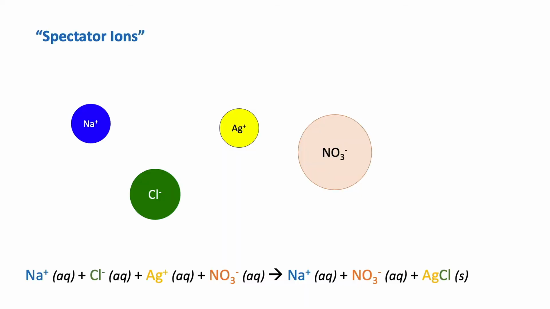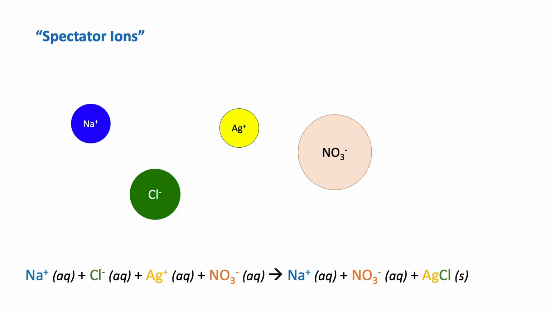So let's go back to our equation that we've been working with here. Our sodium chloride and our silver nitrate have dissociated in solution, and now everything is moving around as things do in solution. So what can happen? Well, the sodium and chloride can come together again, but they're just going to separate because sodium chloride is soluble in water.